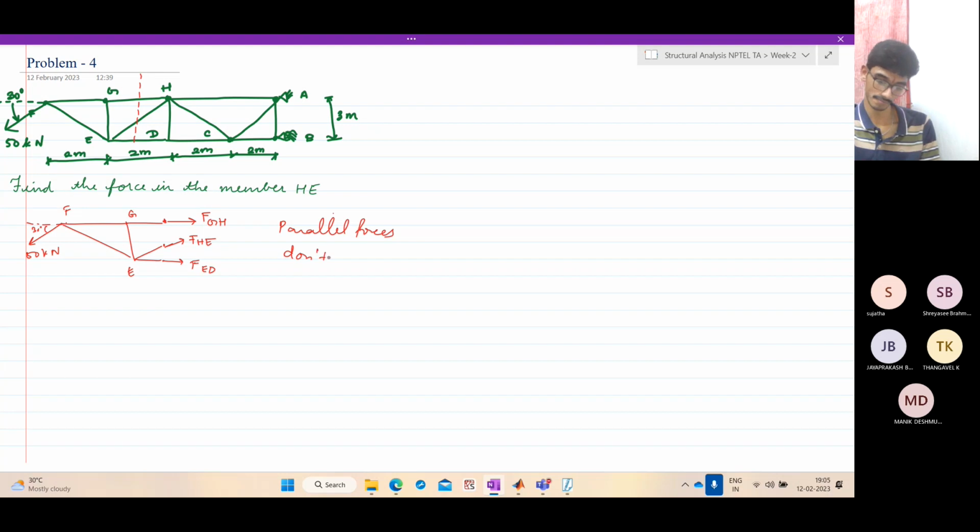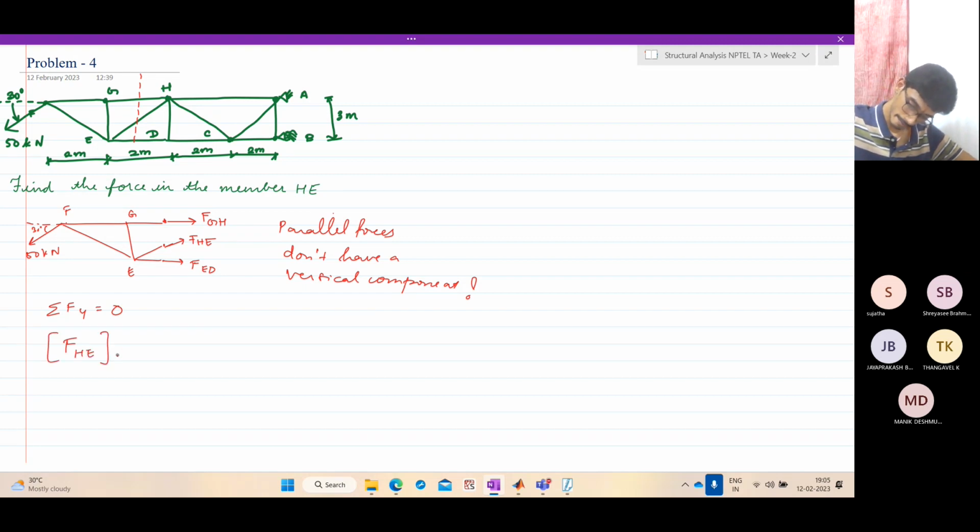don't have a vertical component, which is good news. Why? You'll get FHE directly. So no problem, just one step. Enforce vertical equilibrium, sigma Fy equal to 0. So what do you get?